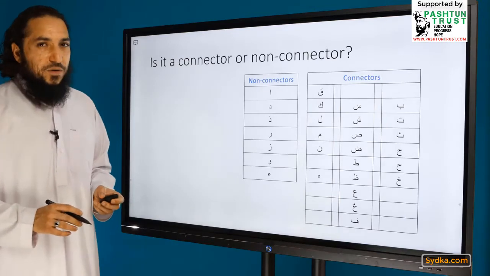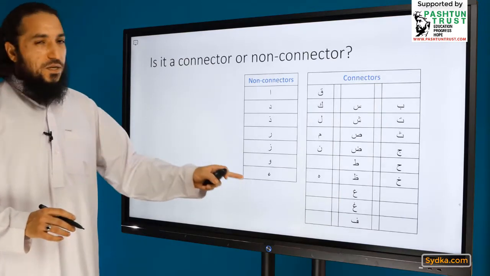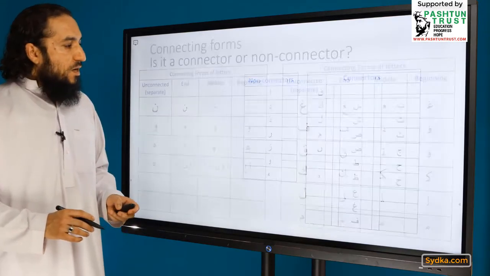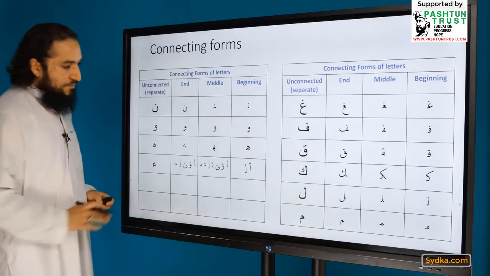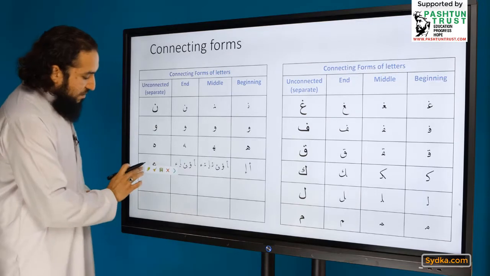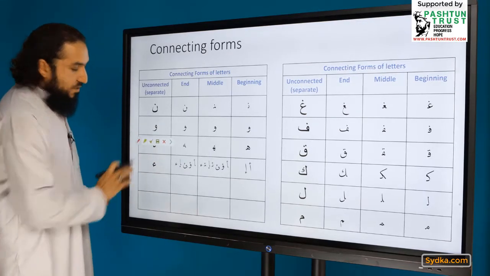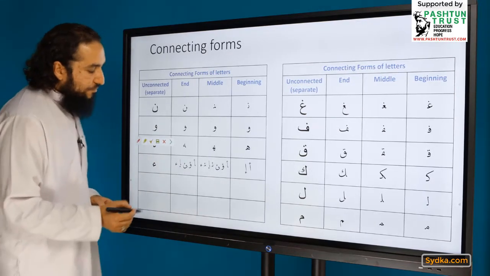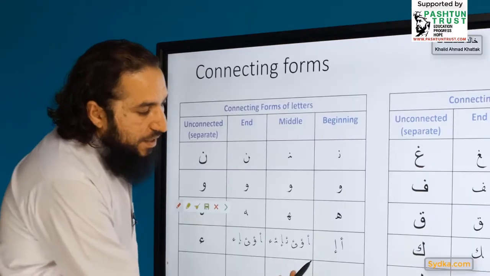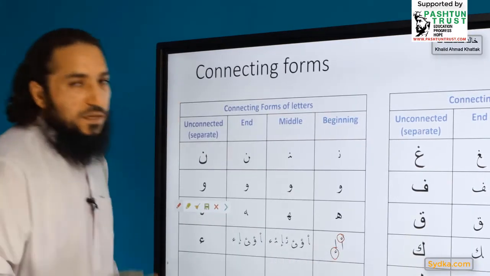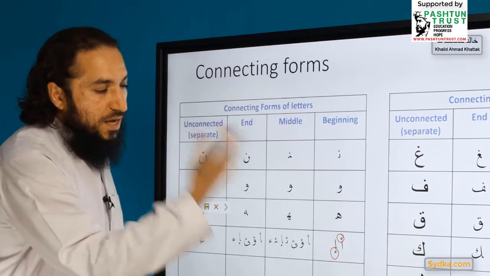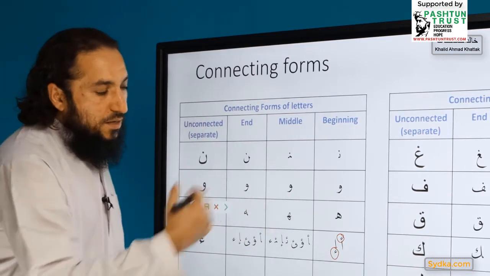So is it a connector or non-connector? It is one of the non-connectors. Why? Because if you see here, this is going to be a bit difficult to understand, but let's try. In the beginning, Hamzah mainly sits either on alif or underneath it.